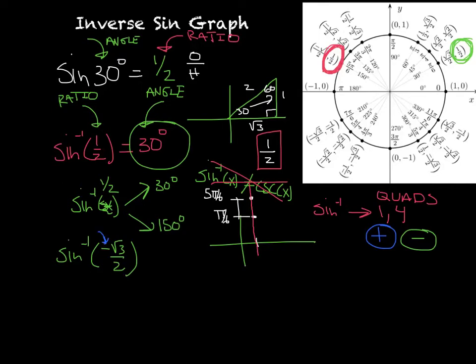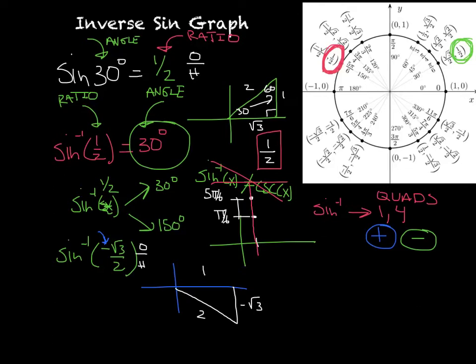Okay, so since that is a negative, that means we need to be drawing a triangle in quadrant 4. So we're going to put a triangle in quadrant 4, and we are going to make your opposite side root 3 or negative root 3. We're going to make your hypotenuse 2, and that's 1.